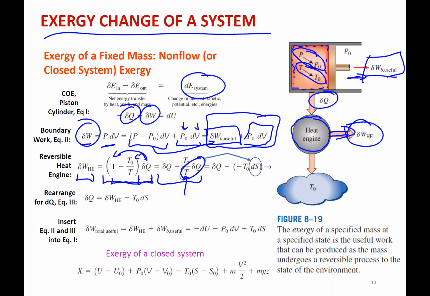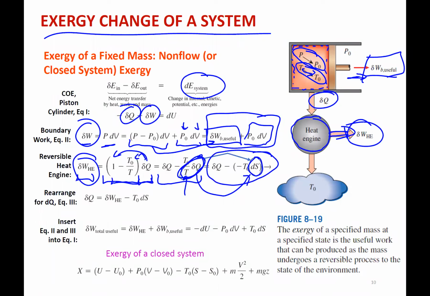So this temperature is changing to the dead state temperature, so it's not so easy to use dQ over T if the temperature is varying. So we can instead substitute in dQ over T as the change in entropy, defined in chapter 7. So now we have a relationship for this in these terms.